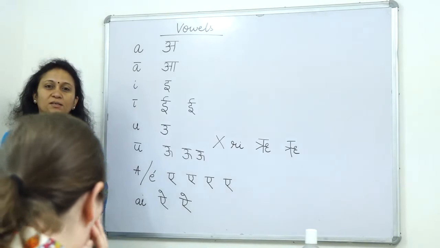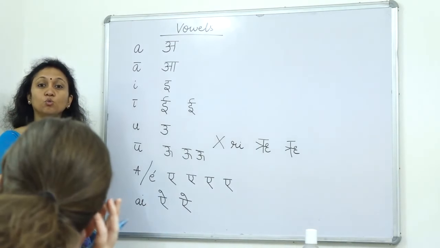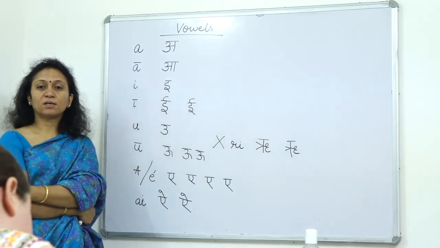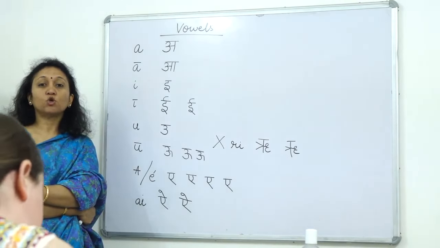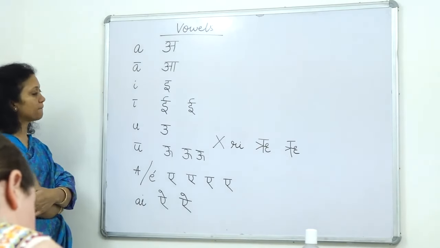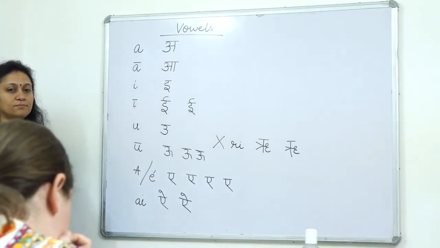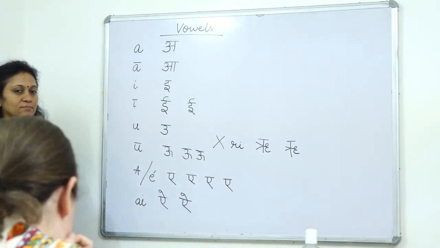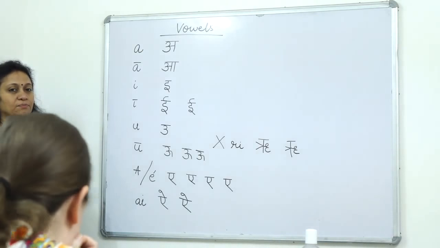Ooh is like ooh when you say tum. Tum. So when you say tum, the oo sound that comes is exactly the same. Ooh. A. A. That's right.